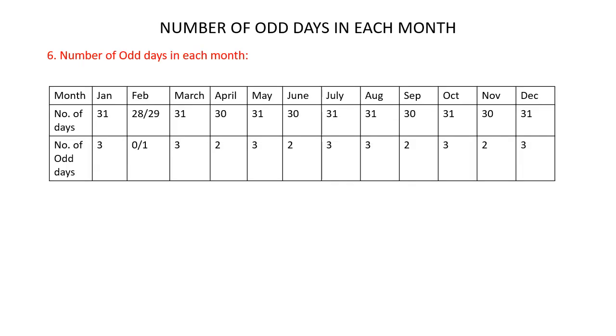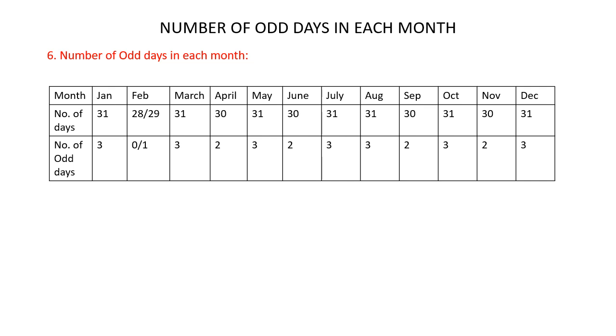The next concept is number of odd days in each month. Now you know that there are 12 months in a year: January, February, March, April, May, June, July, August, September, October, November and December. These are the number of days in each of the months. Now let's find the number of odd days in each month.